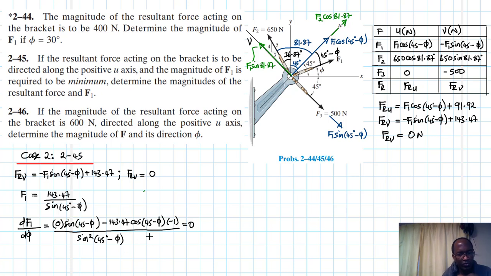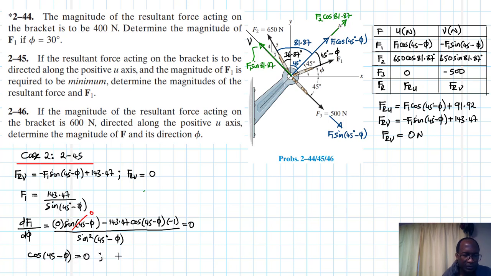If we work this out, of course this part goes to 0, and minus and minus becomes plus. So when this component becomes 0, the equation will be satisfied. Therefore, what we're interested in right now is cos(45 - phi) equal to 0.